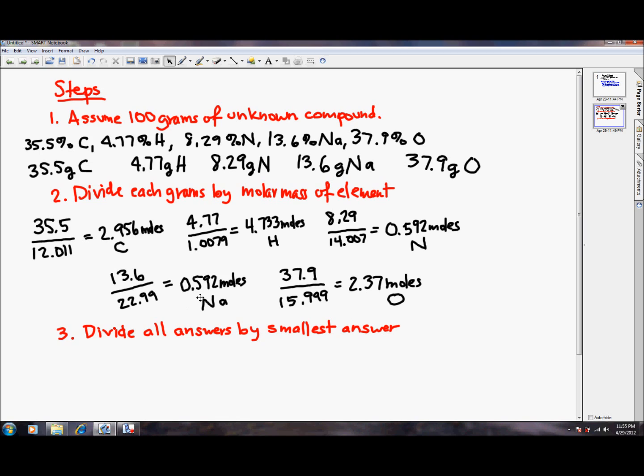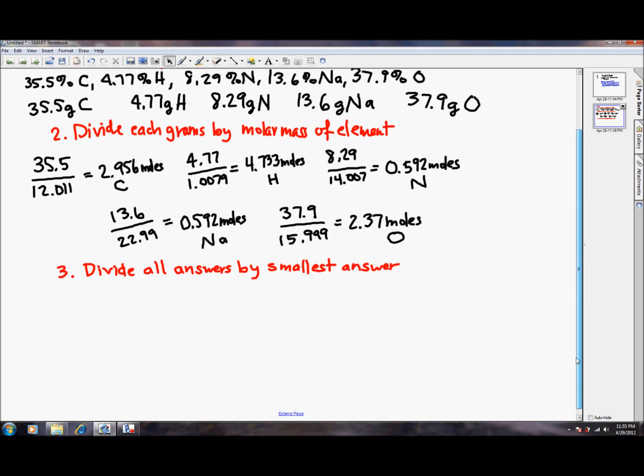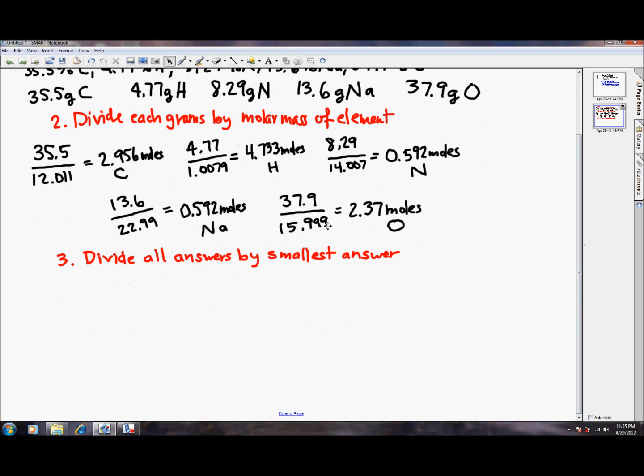Basically, a formula can be thought of as a mole ratio. The problem is that these have lovely decimals, and chemical formulas don't have decimals. So we need to convert these into whole number ratios so that we can have whole numbers in our chemical formula. Now, which is the smallest number? Well, these two answers right here are equal, and they're both the smallest answer. So I'm going to divide every single answer here by this number.